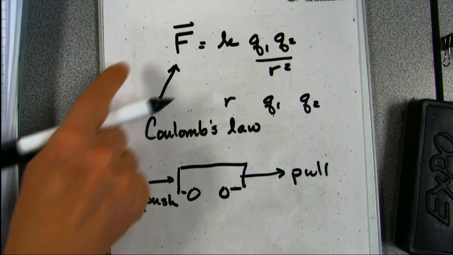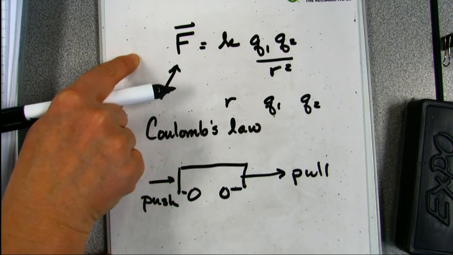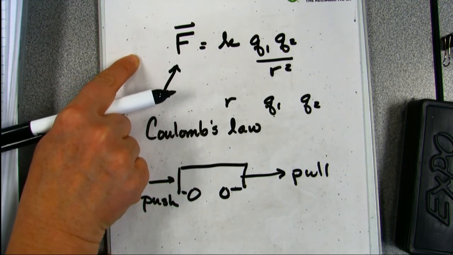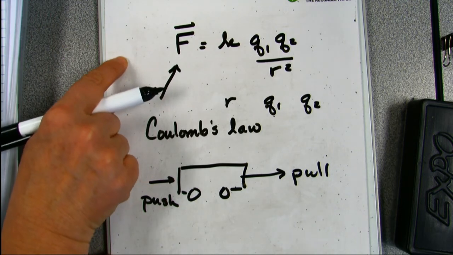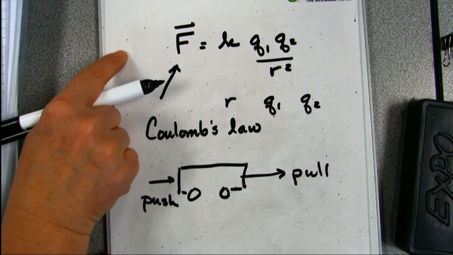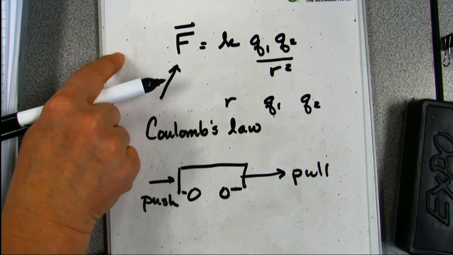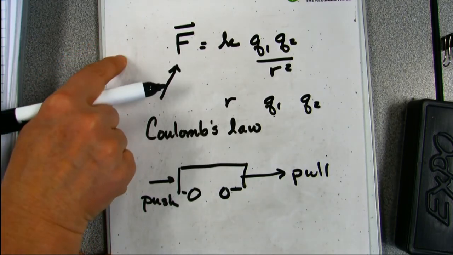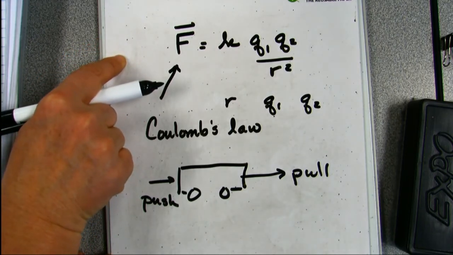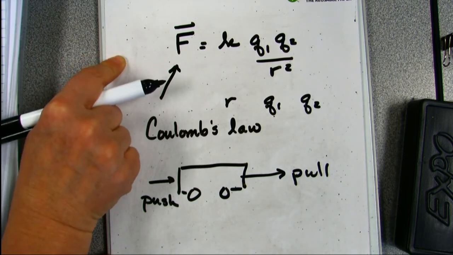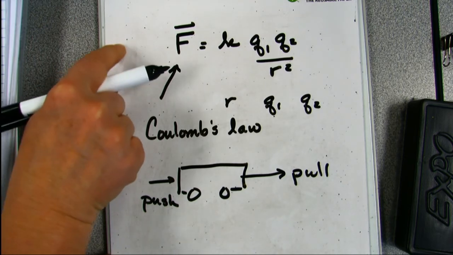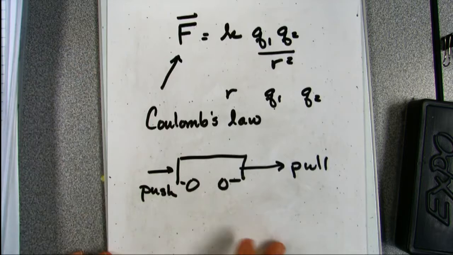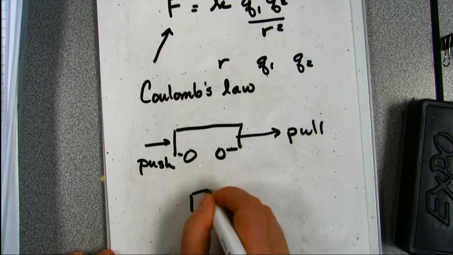But when we come into electrostatics, electrostatics is going to act more like a field force. And we're going to talk about electric fields. We're going to talk about magnetic fields. We didn't talk about gravity in terms of gravitational fields, but we know that that's there because remember Newton's law of universal gravitation.